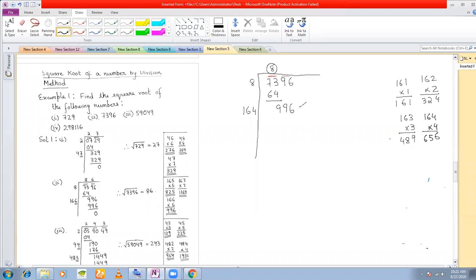656 is again much less than 996. So we'll try 5. So 165 into 5, 825. 825 is very close to 996, but let's see whether it is as close to 996 or not.